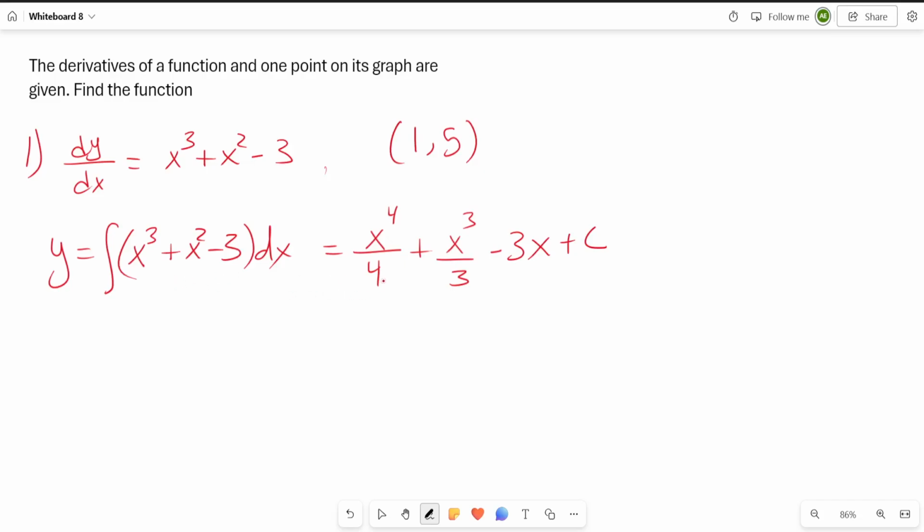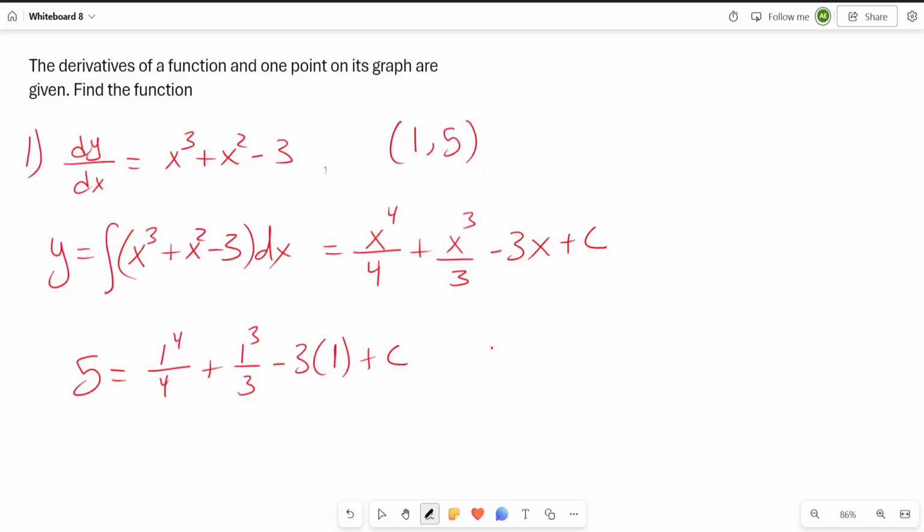Right now we have most of the function, however we don't know the value of c, and here is where this second given is going to come into play. We know that y is equal to this plus c, so why don't we substitute the 5 into the y and the 1 into each x and see what we will get. So y is 5, and that is equal to 1 power 4 over 4 plus 1 power 3 over 3 minus 3 times 1 plus c.